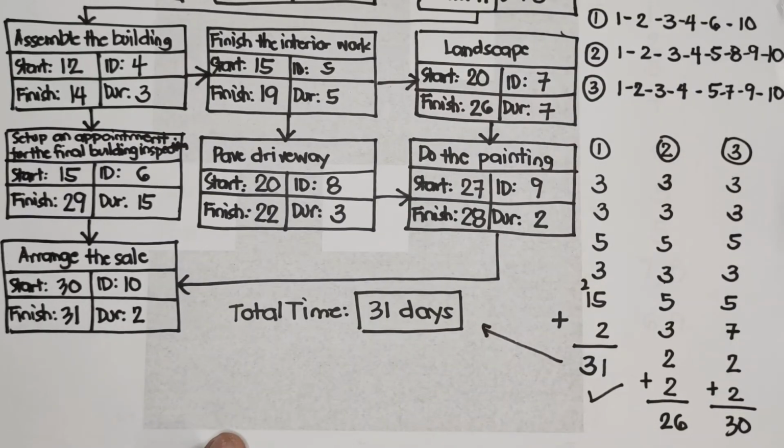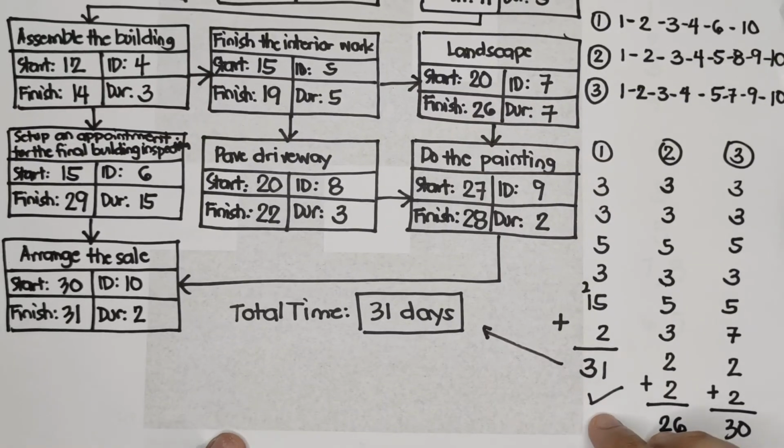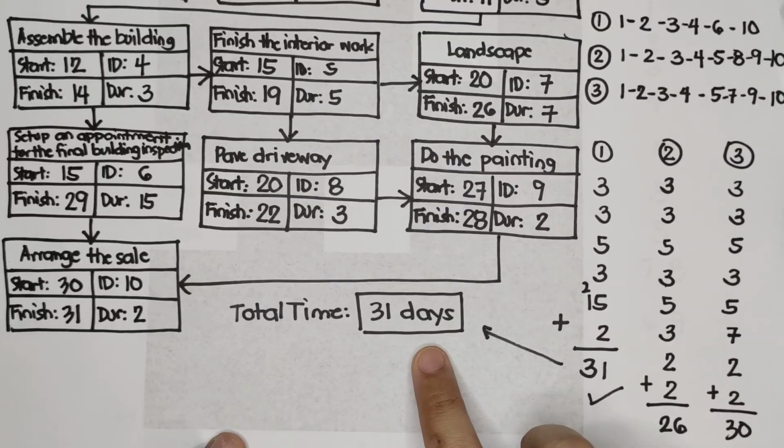Meaning critical path, it means that this is the maximum time that you're going to do the task. And if you exceed the time, then you are already overscheduled. So that's why the sum of the durations of the tasks in the critical path must be equal to the duration of the project.